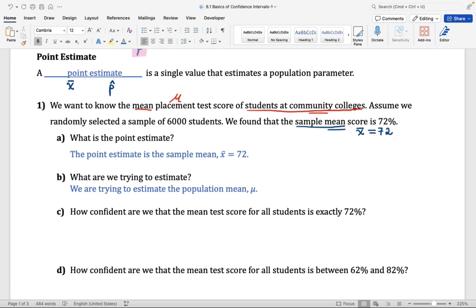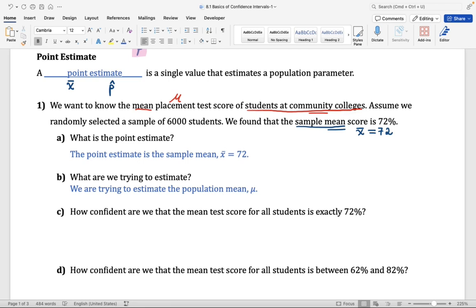Now, what if we go and report that the population mean, mu, is X bar equal to 72? How confident are we that the mean test score for all students, again, the population mean, is exactly 72? We're not that confident, right? What if the population mean is something like 75 or 73? What if we're off?